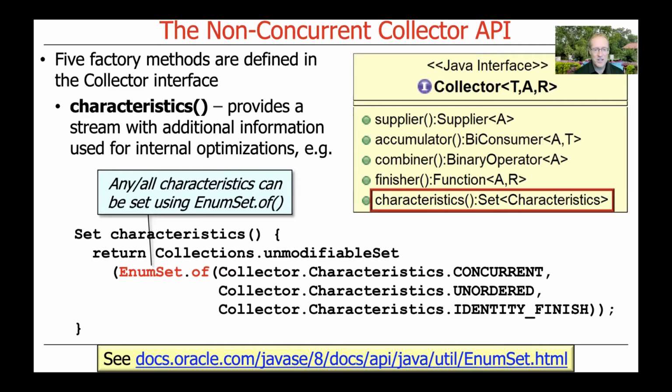Or as we see in this case, we could return all the characteristics set. In this particular case, we're using EnumSet.of to create the EnumSet with all the characteristics enabled. And then we're going to convert that to a so-called unmodifiable set. And then that gets returned as the result for the characteristics method. Different ways to do that, but this is a very common way to do it.